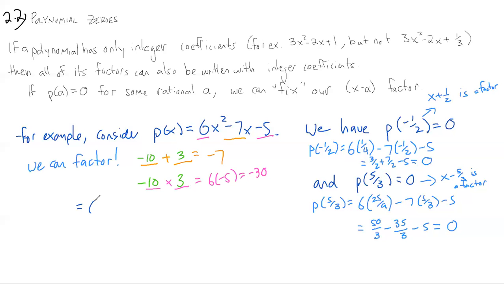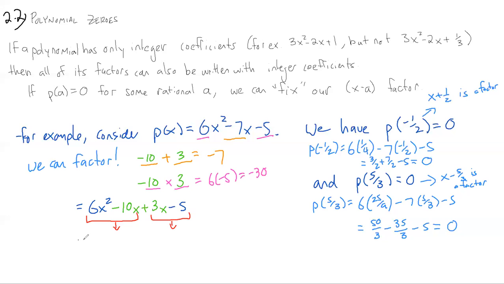So we should get 6x squared, and then this is where we can split up that -7 as -10 plus 3, so I'm going to split it into -10x plus 3x, and then minus 5. If you remember, writing it like that allows you to do what's called group factoring. These two terms should hopefully be factorable.